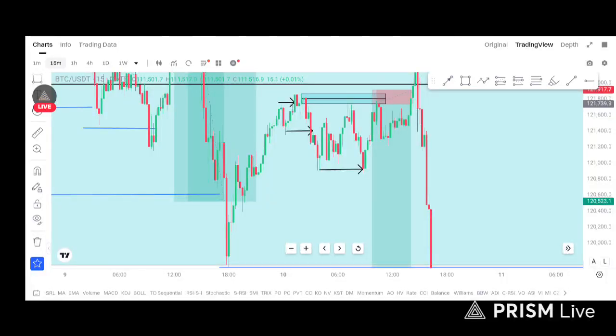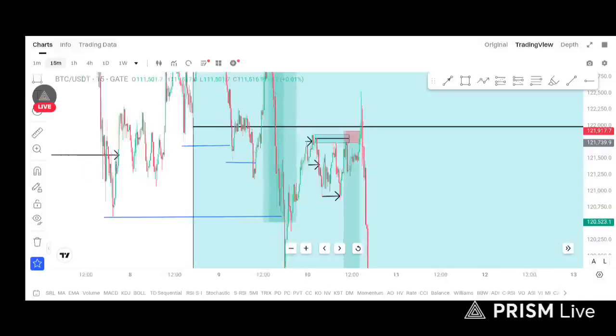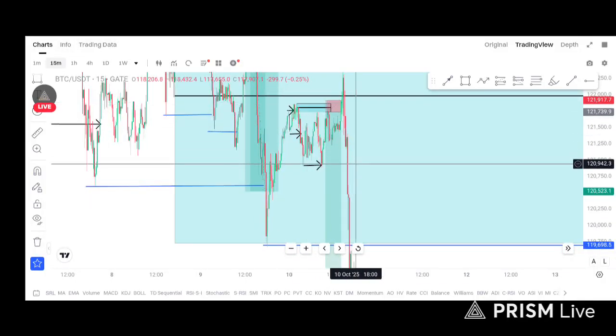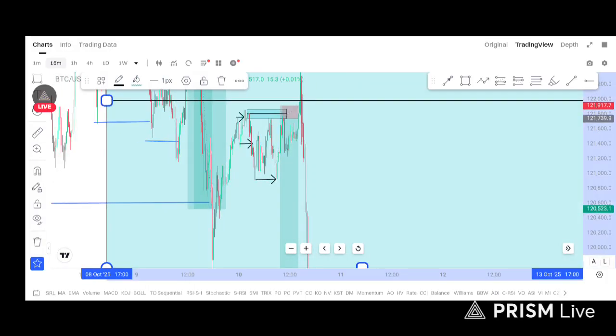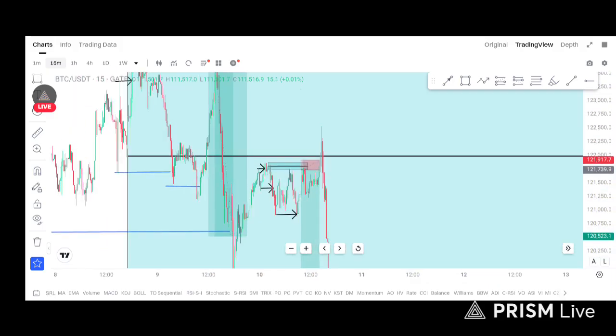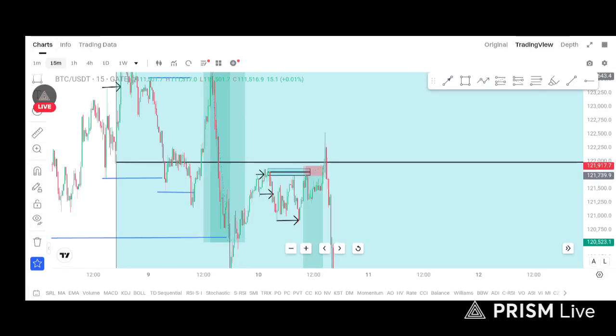Why do you think this happened? If you can see that market was still in a discount zone. Are you seeing the market was still in a discount zone? It has not tapped into our premium zone. That's why this setup was not valid.